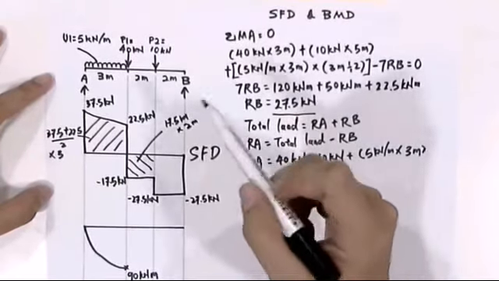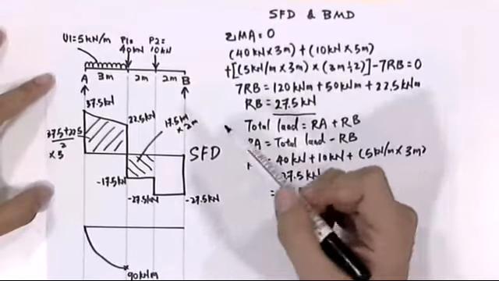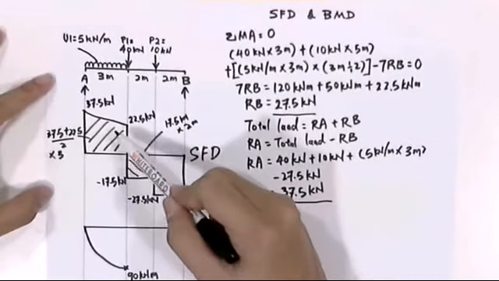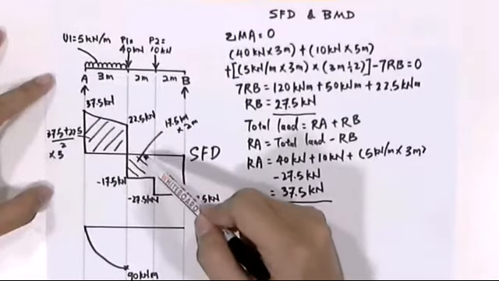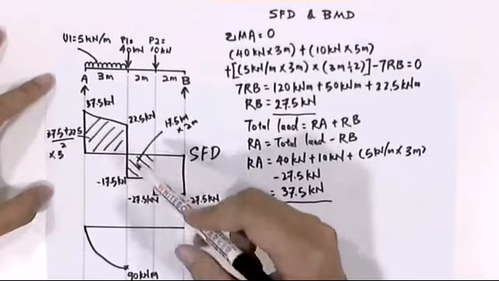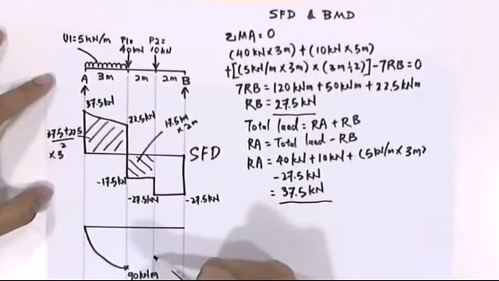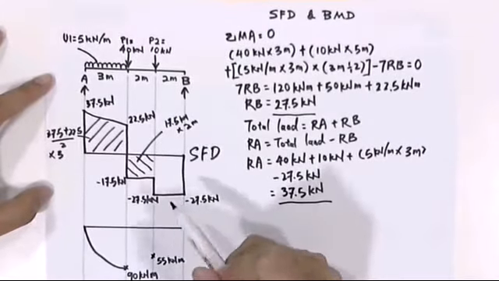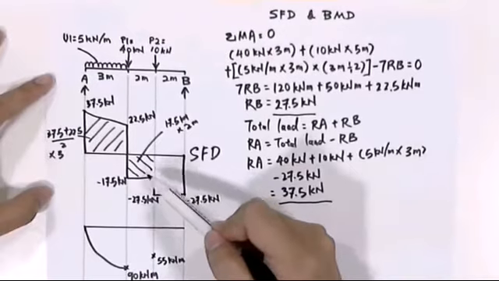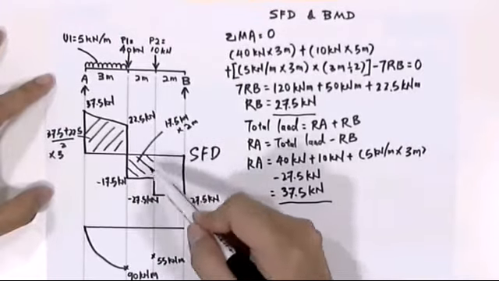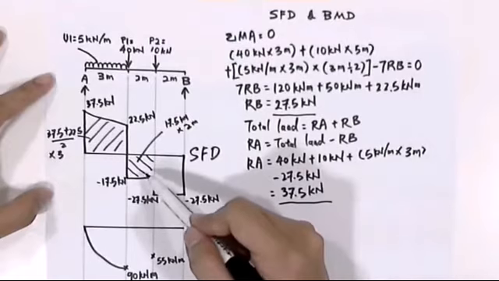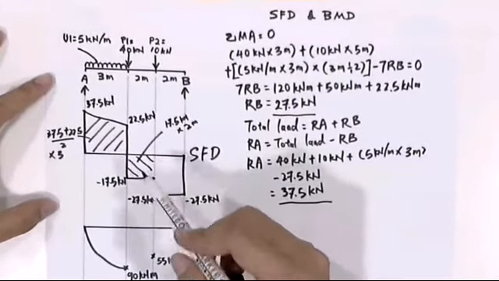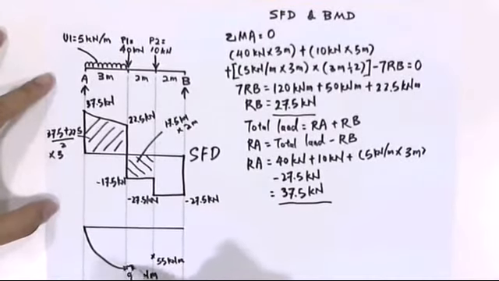So the total area deducted by the new area will give a value of 55 kilonewton meter. And you see that since it is a straight line in the shear force diagram, therefore we'll draw a linear line in our bending moment diagram.